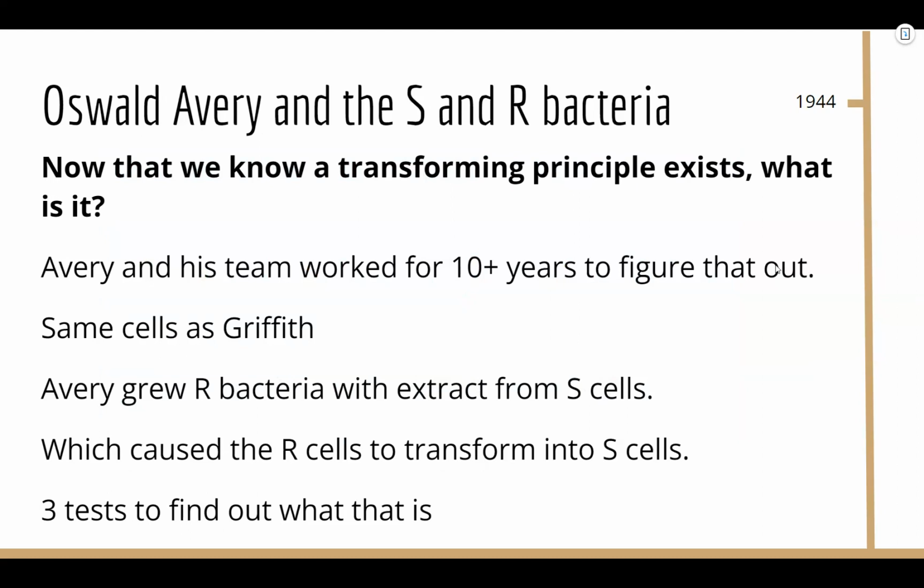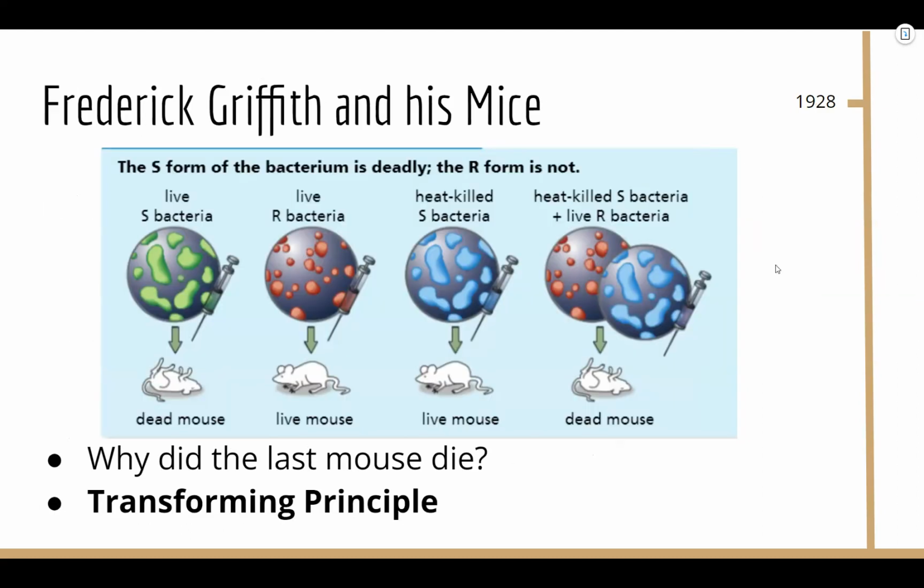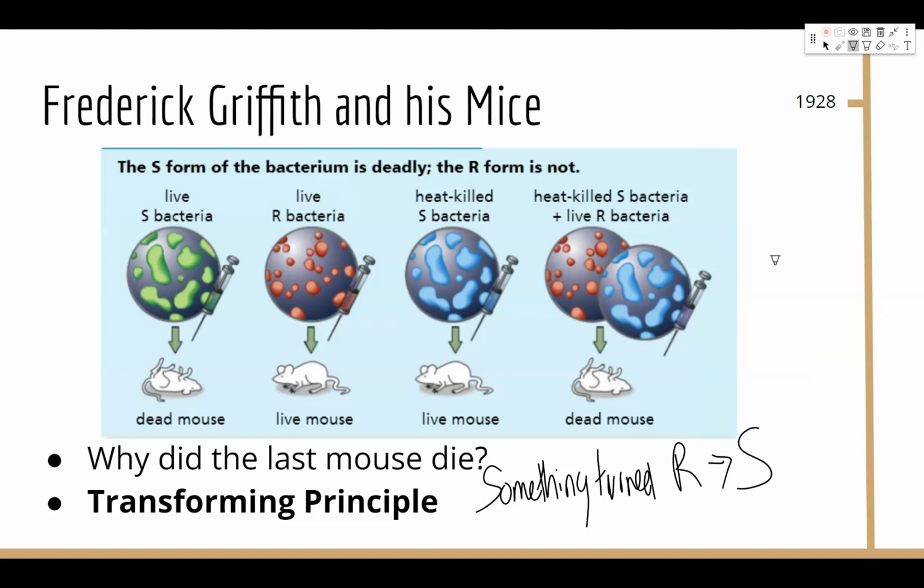This means that something transformed the S bacteria into R bacteria, or R bacteria into S bacteria. That's what happened. Something took those really safe R bacteria and transformed them into harmful bacteria.